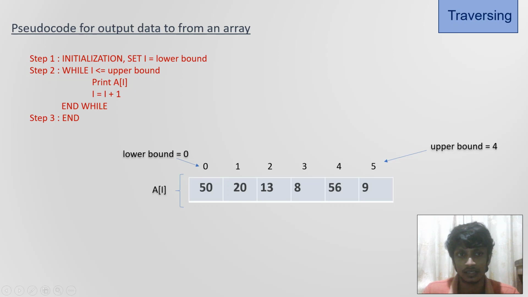So now it is going on again to step 2 and checks the following condition. Now I is 1 and less than or equal to the upper bound, 4. Sorry, not 4 but 5.